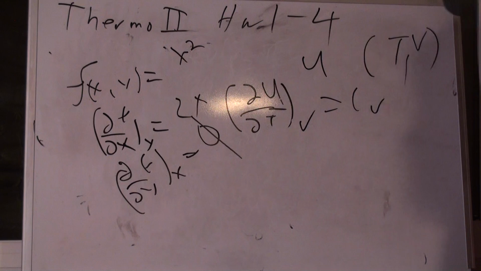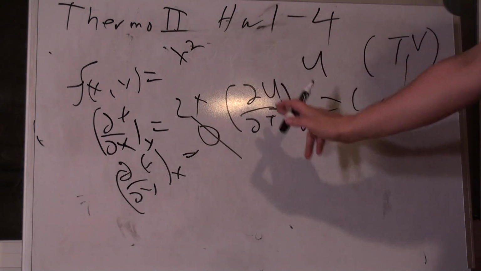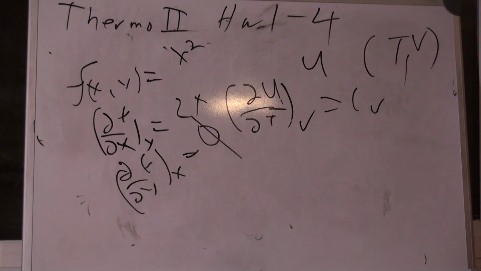Because internal energy is only a function of temperature for an ideal gas. That's a circular argument. That's like saying the Earth is round because the round thing said it was the Earth. That was a really bad example, but you get my point. Cv is only a function of temperature because U is only a function of temperature, and because of that relationship. So that doesn't help us. That doesn't say anything.